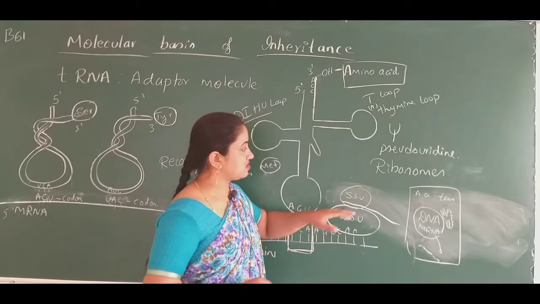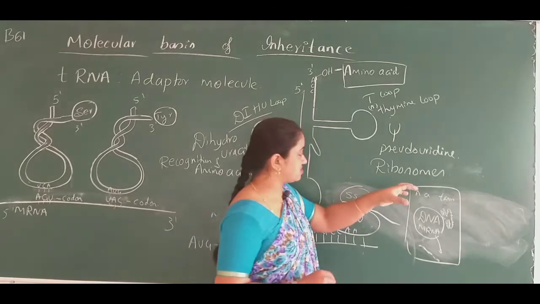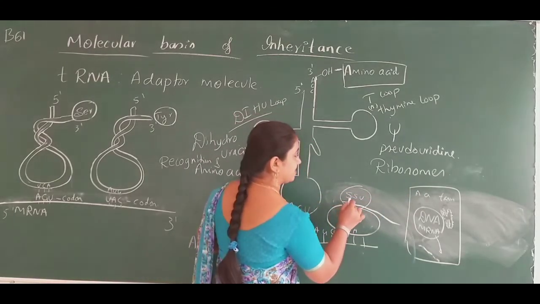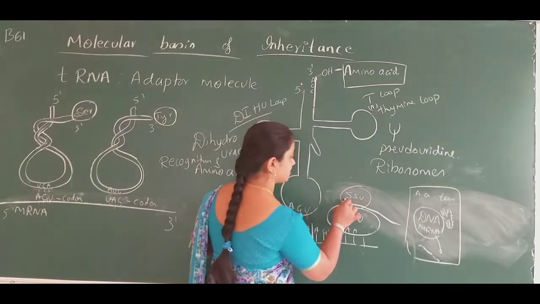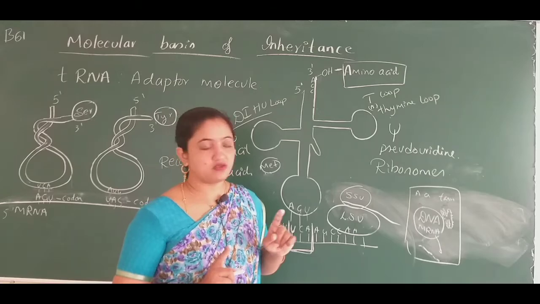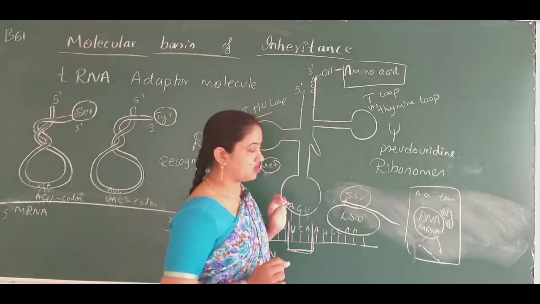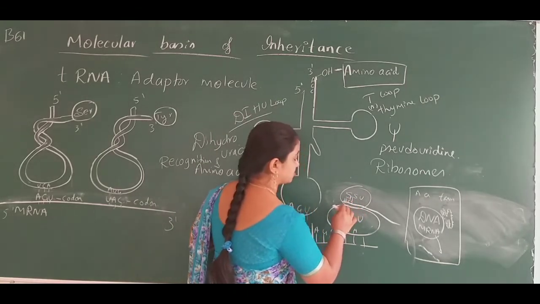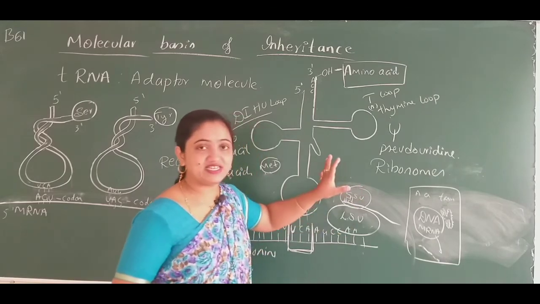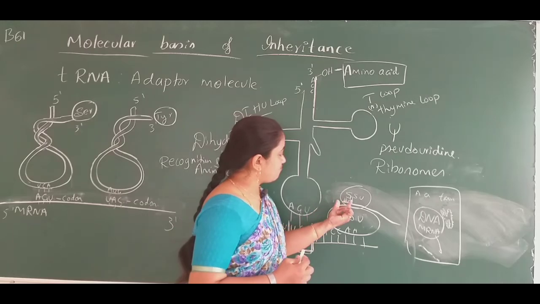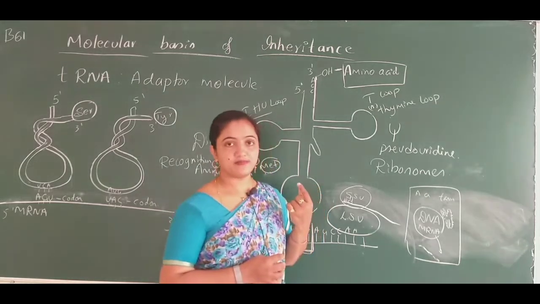What is left? The charged tRNA. That charged tRNA will bring the amino acids now. It needs two tRNAs. One tRNA will attach at the initiator codon, and one more tRNA will attach next to that. So this is the initiation process. What will happen next? It should move forward.